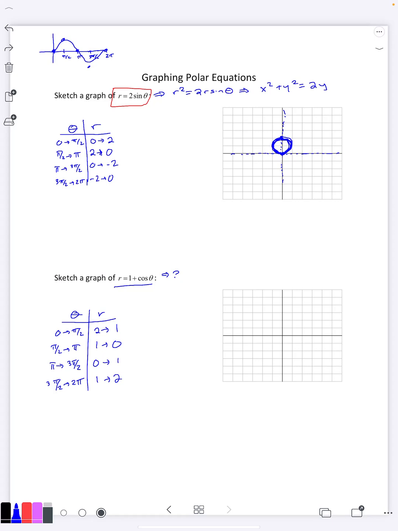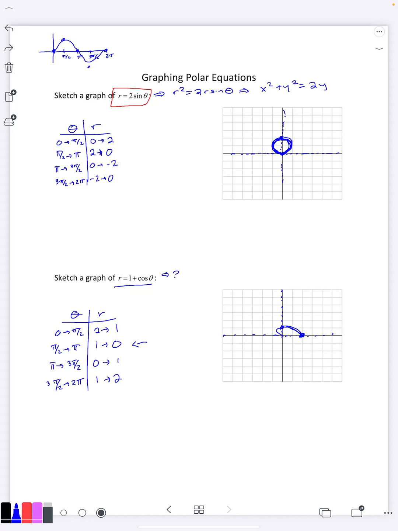And if I try to draw this, it says when we're starting at the 0 angle, we're supposed to go out 2. So that's at 2 here. Then by the time we get up to the angle pi over 2, we're supposed to be only 1 away. So it's going to get closer in like this. And then by the time we get to pi, it's supposed to be at 0.